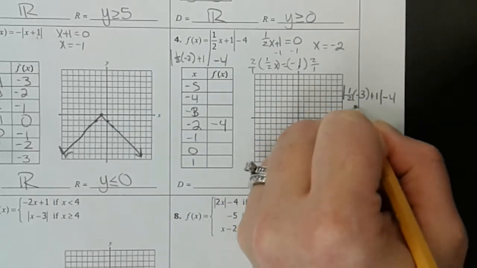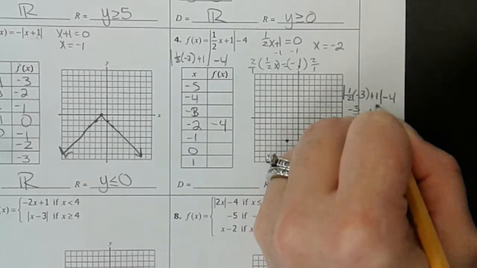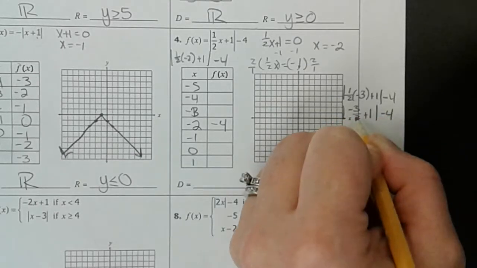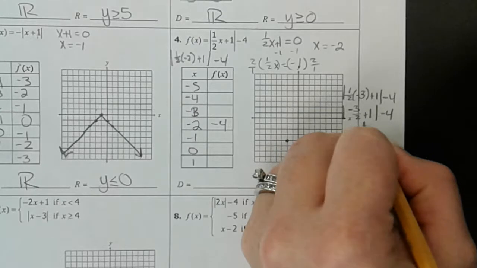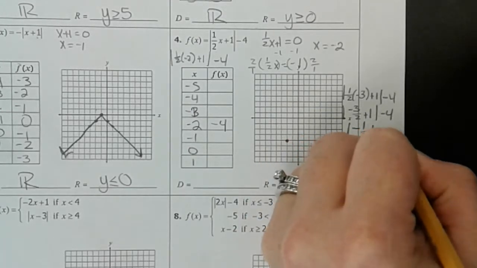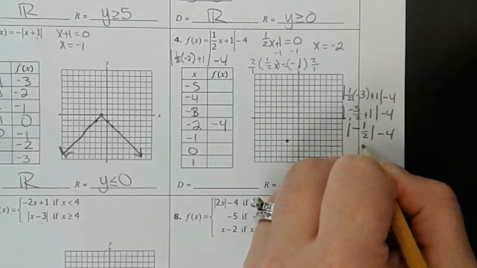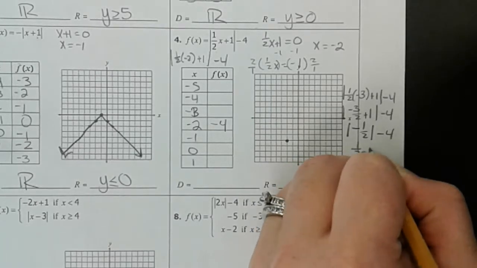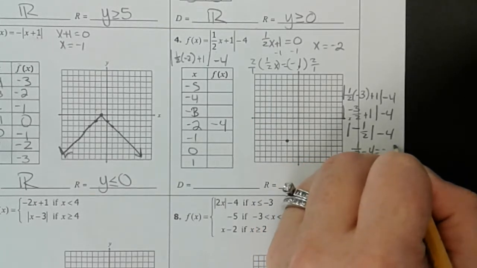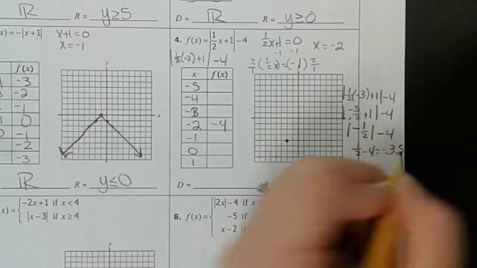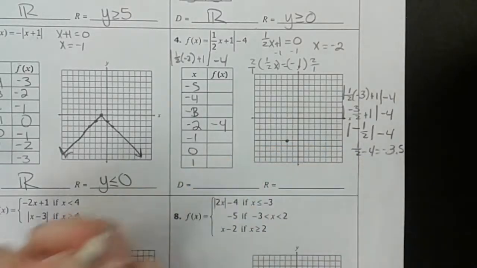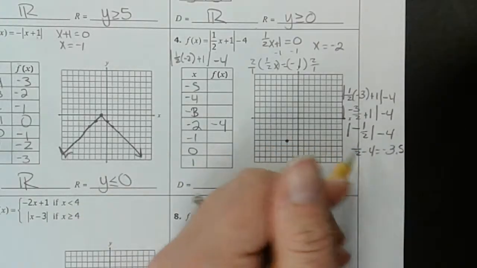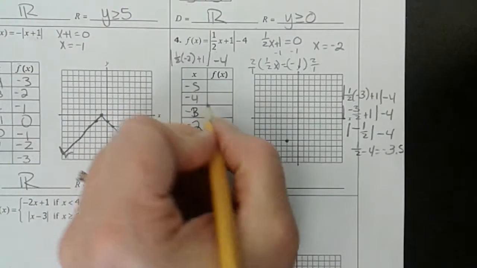Okay, so that's -3/2 plus 1. -3/2 plus 1 gives us -1/2. The absolute value of that is +1/2. So 1/2 minus 4 gives us -3.5, because you have -4 plus a +1/2.